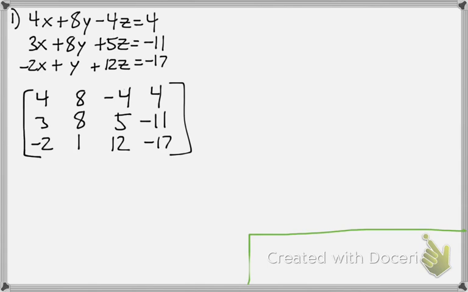So my first step is I want to get a 1 in this location. And I can do that if I multiply row 1 by 1/4. So I want to do 1/4 times row 1 to get my new row 1.